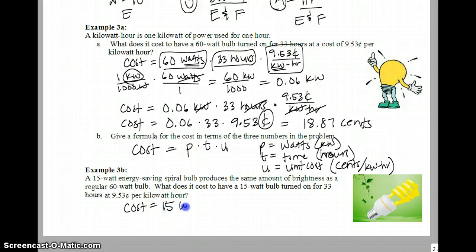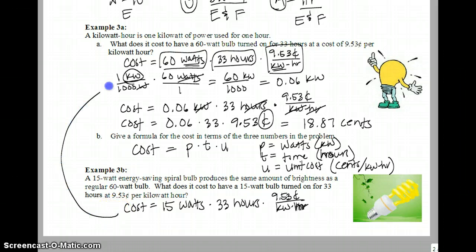This time we have 15 watts times the number of hours, and it's 33 hours again, times that same unit cost of 9.53 cents per kilowatt hour. See what you get for cost. Remember your conversion, just like up above. You have to convert from watts to kilowatts.